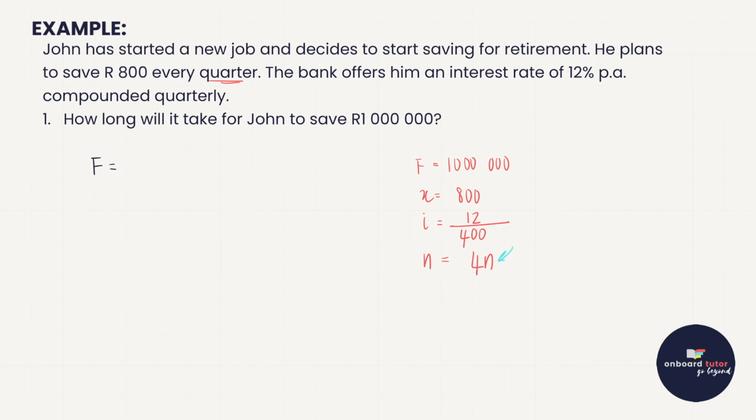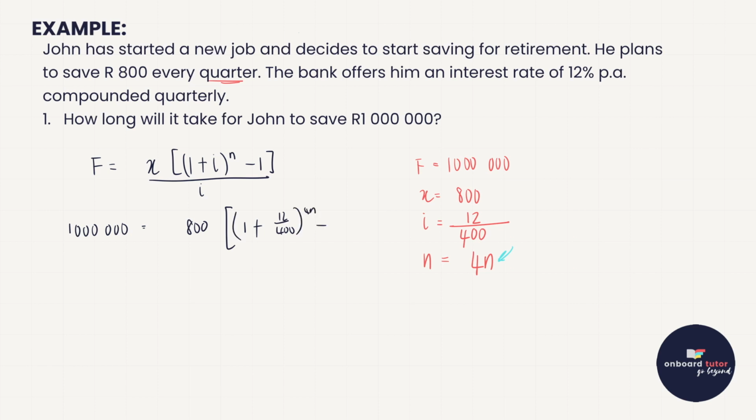So 1 million is equal to, there's his installment, 800 times 1 plus I, which is 12 over 400, and all of that is raised to the power of 4n minus 1.